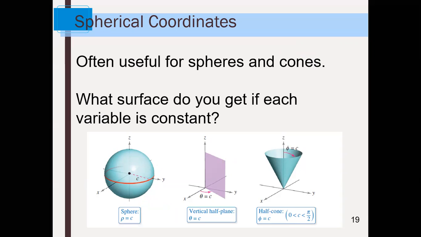The set of all points at an angle equal to some constant, like pi over 4, off the positive z-axis, you're going to get a cone. So spheres, half planes, and cones are the things that you get when you fix each one of the spherical coordinates equal to a constant. Any questions on that? I think that's kind of cool.